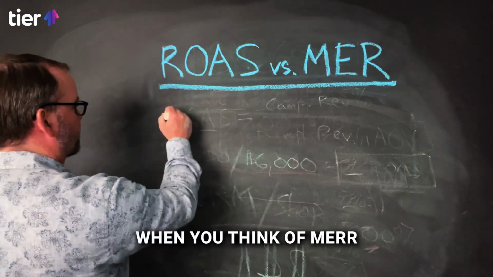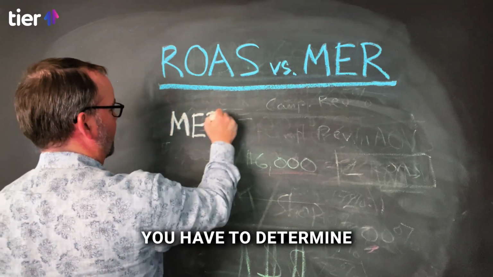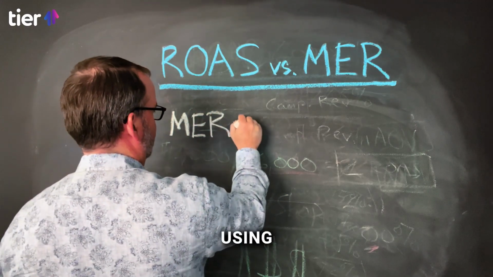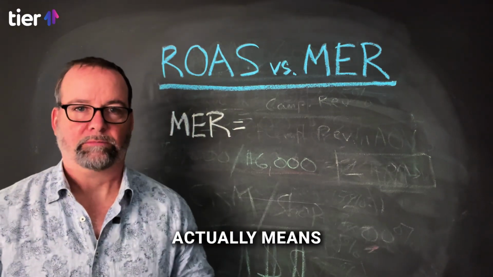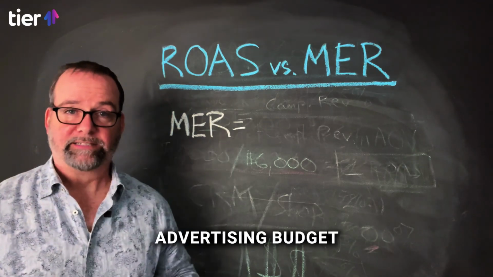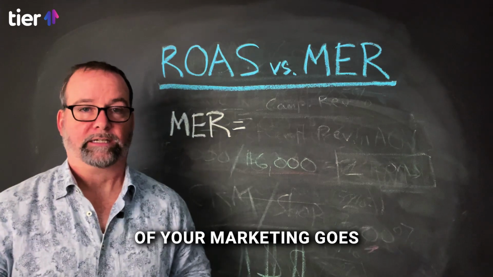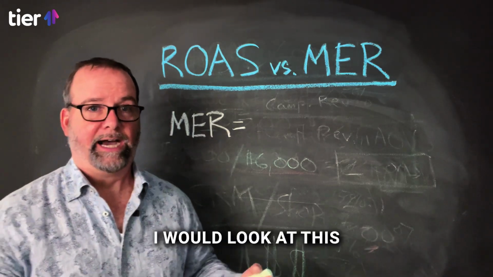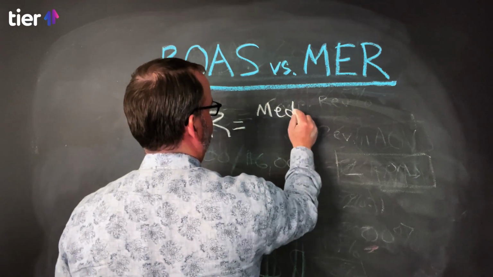When you think of MER, before we get into the calculation, you have to determine what you're actually using to determine what this acronym actually means. So if you have a heavy advertising budget, for example, and a large portion of your marketing goes towards advertising, I would look at this as media efficiency ratio, okay?